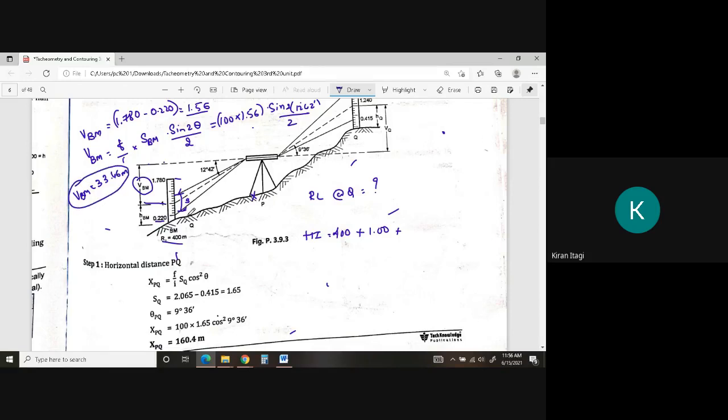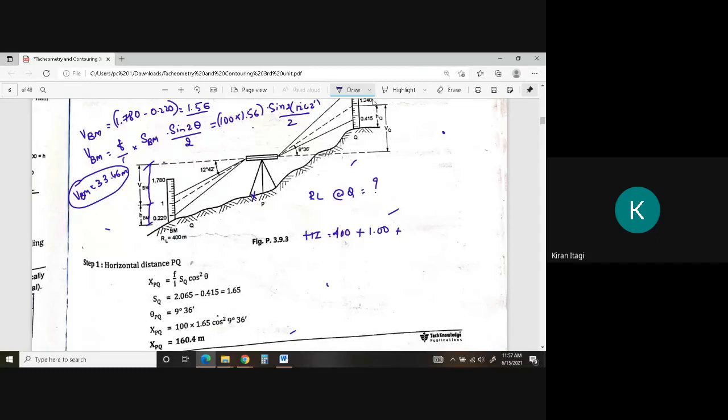So we have got the VBM. Now see, if you observe the figure carefully, I have got this height, and this height is nothing but the central hair reading. Correct?